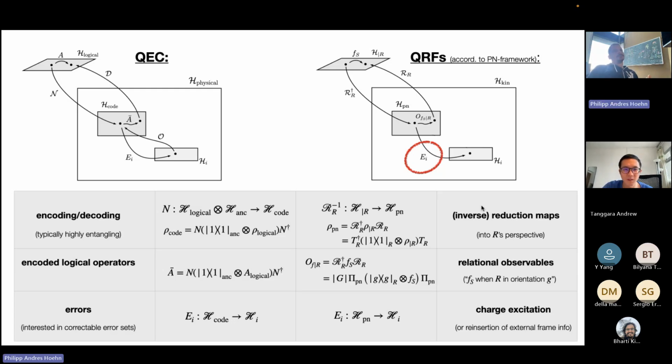I'm not sure off the top of my head what the corresponding concept would be. Can you remind me how exactly it is defined on the quantum error correction side? My background is not quantum error correction. I'm familiar with aspects of it, but how is the error threshold defined?